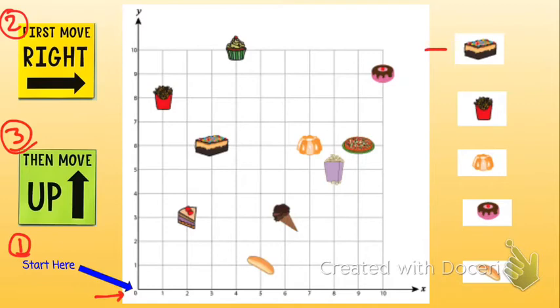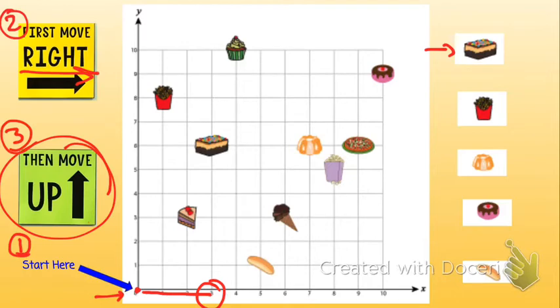Let's first take a look at this piece of cake. Again, we are starting here at the origin. And I am moving to the right, as it says there. So I am moving to the right until I get to where that cake is. That is a 3. And then I am going to move up. That's what it says right here. So I'm going to go up 6.